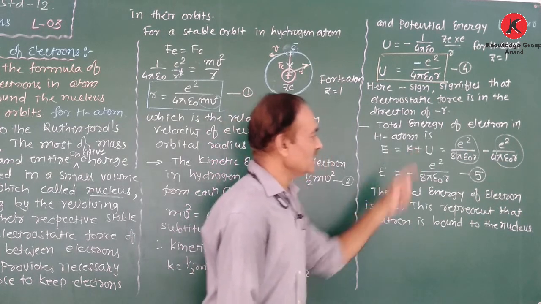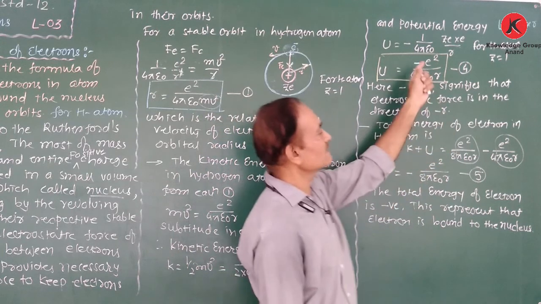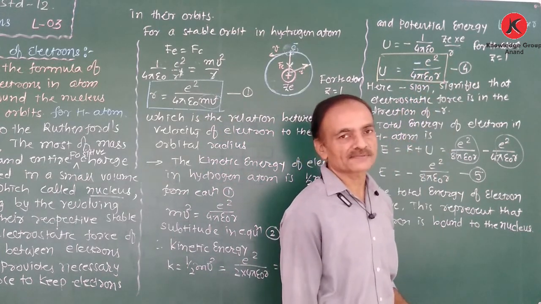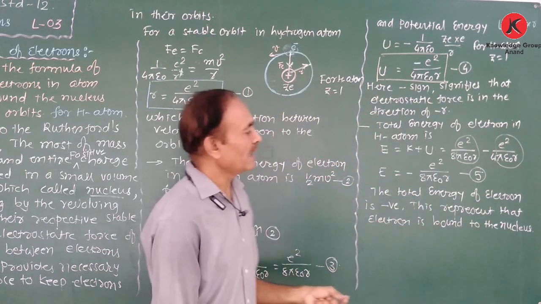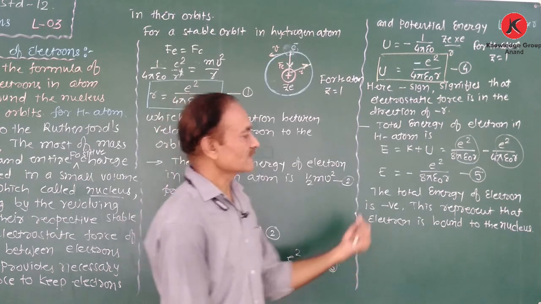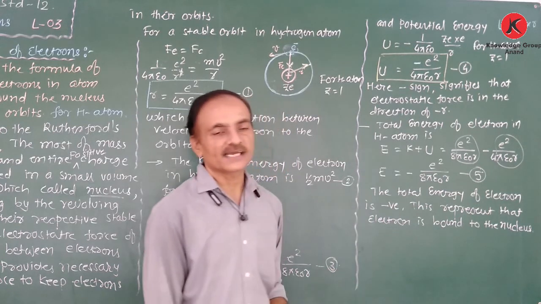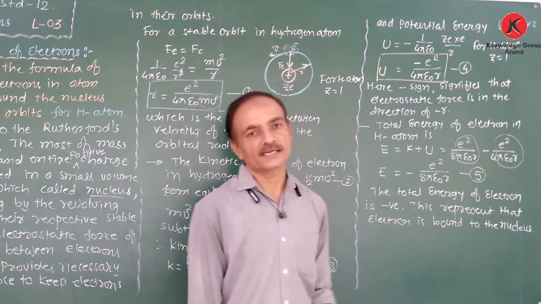Therefore, total energy is equal to e square upon 8 pi epsilon 0 r plus this value of potential energy, minus e square upon 4 pi epsilon 0 r. Therefore, E is equal to minus e square upon 8 pi epsilon 0 r. The total energy of the electron is negative, this represents that the electron is in a bound state with the nucleus.